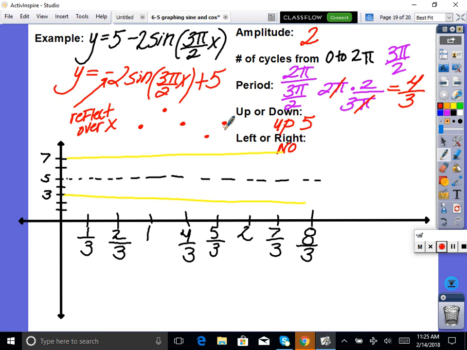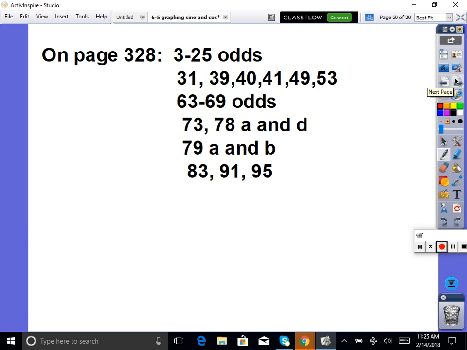So now instead, because it's reflected, I'm going to go 0, min, 0, max, 0, min, 0, max, and then back down to 0. I missed the point. That's okay. Yeah, I know it's hard to not draw on that point. Don't do it. Okay. All right, there's the assignment. Way to go. That went really good.